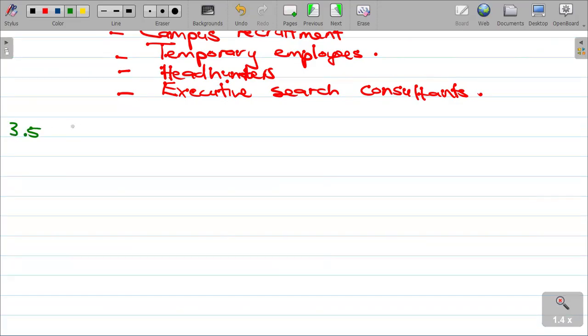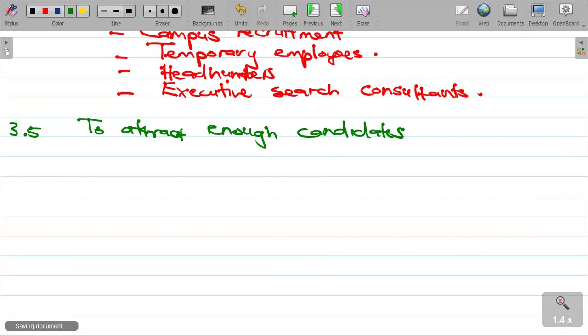To attract enough candidates. They want to attract enough candidates, right?